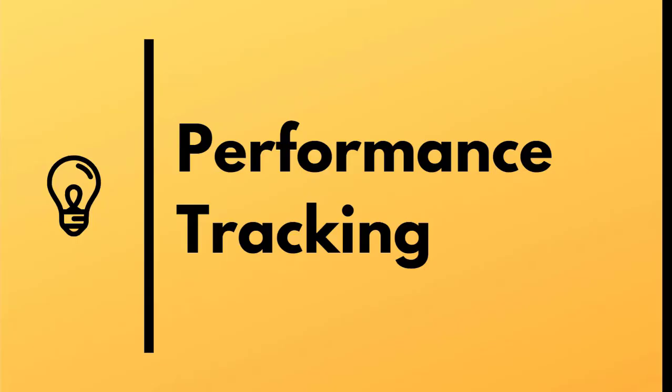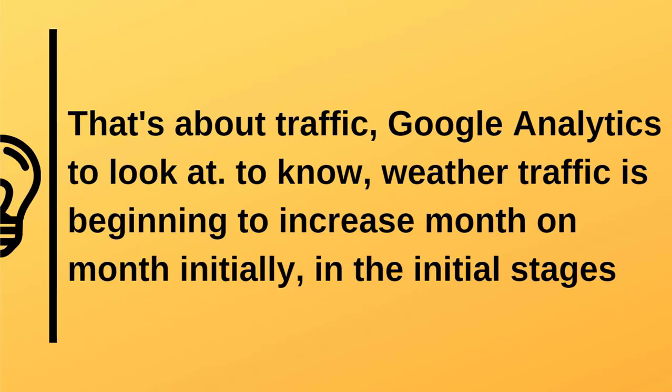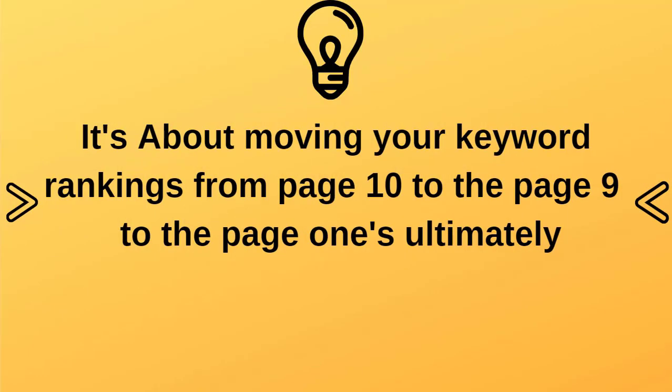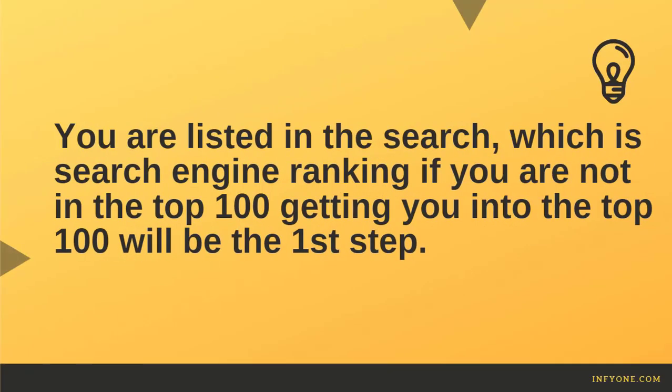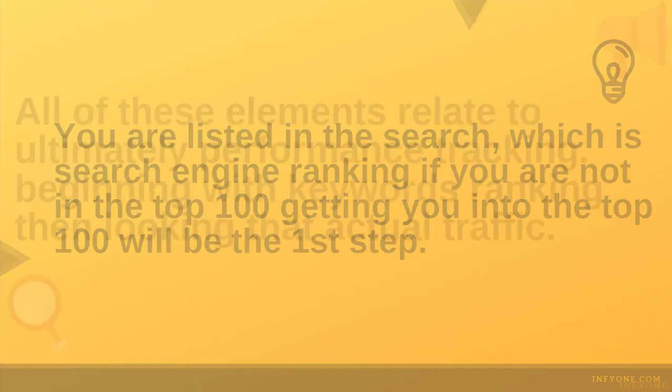So the final step of our SEO process is performance tracking. That's about traffic, using Google Analytics to know whether traffic is increasing month on month. In the initial stages, it's about moving your keyword rankings from page 10 to page 9 and ultimately to page 1. If you are not in the top 100, getting you into the top 100 will be the first step, eventually getting you on the first page of Google.